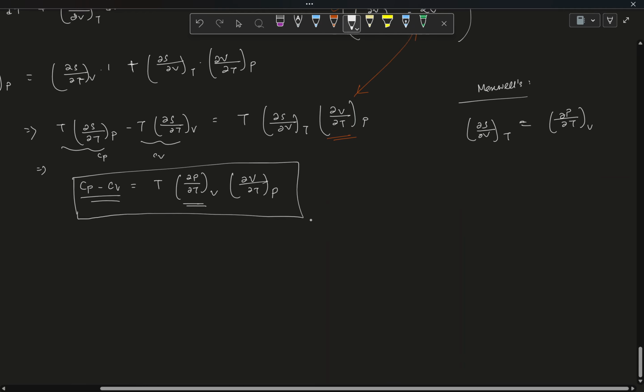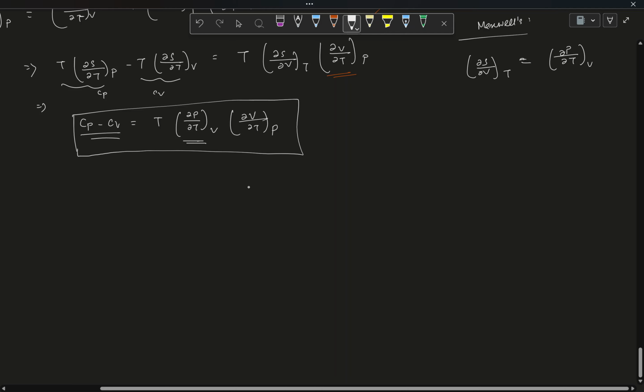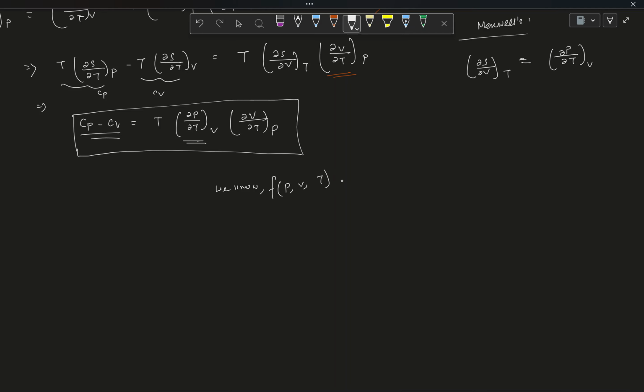We consider that we know, so if that is the case, then these quantities are all related to each other by this kind of an equation.